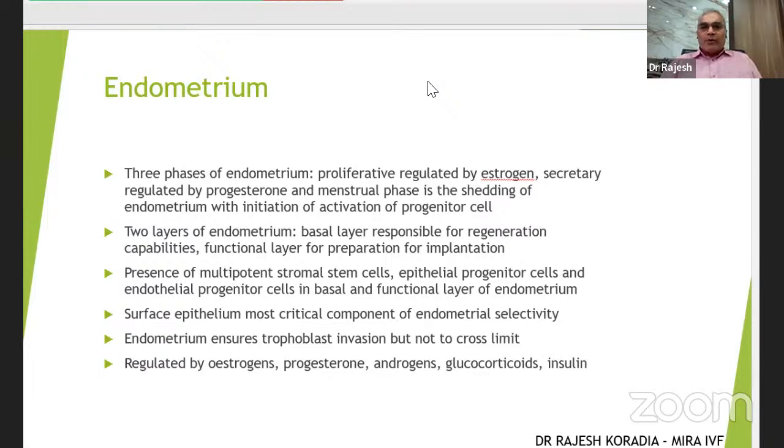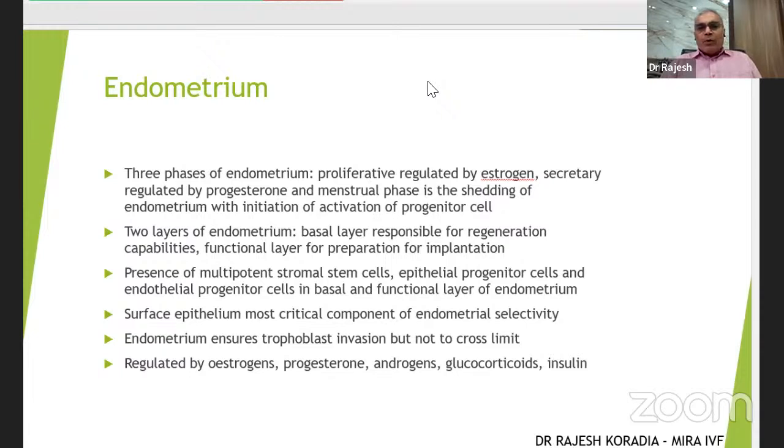There are two layers of the endometrium, the basal layer and the functional layer. The basal layer is responsible for regeneration, and the functional layer is for preparation for implantation. There are multipotent stromal stem cells, epithelial progenitor cells, and endothelial progenitor cells in the basal and functional layers of the endometrium.